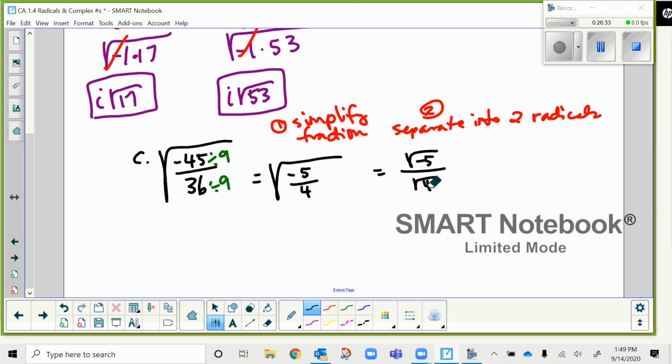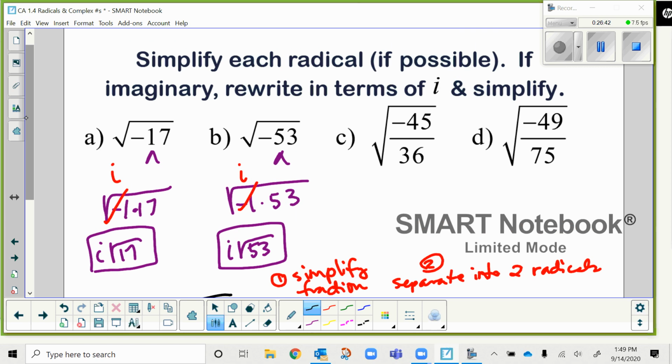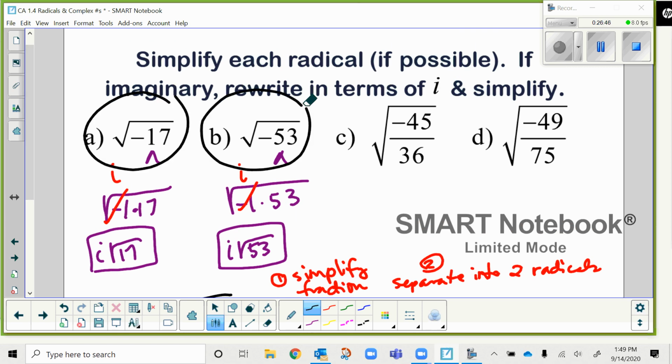So in the numerator, you have the square root of negative 5. Because 5 is prime, it's just like problems A and B up here. The i comes out, but the 5 stays in.